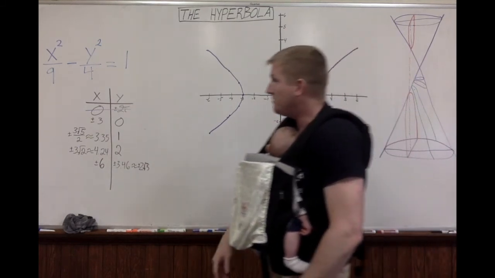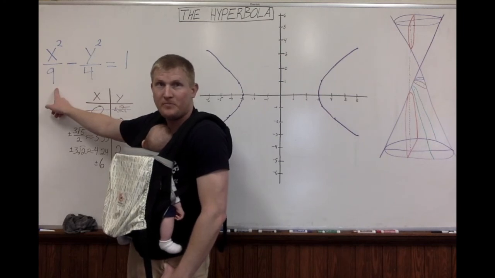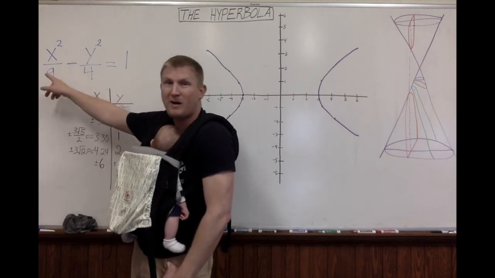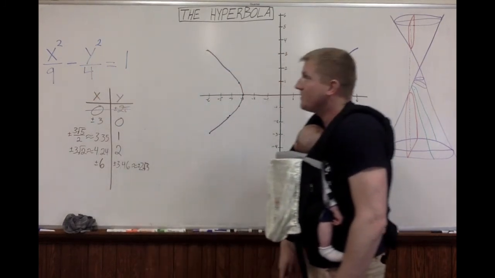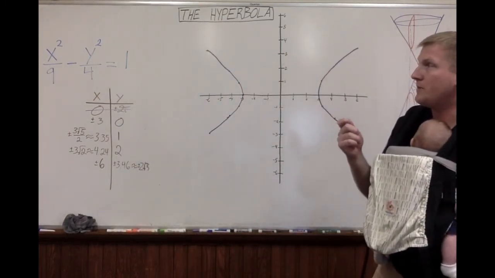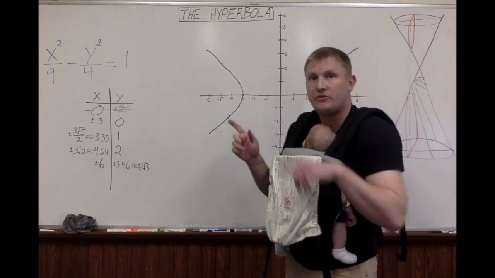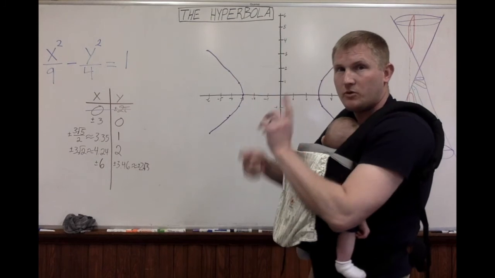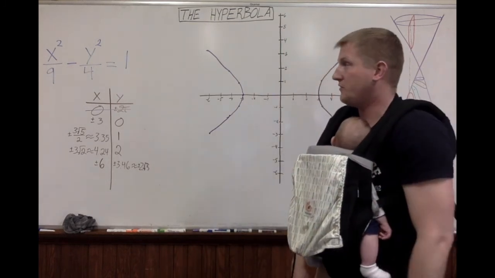And that probably is because the x term is positive, and then this one is negative. So I wonder if we were to switch those around and make it y squared over 4 minus x squared over 9, if we would get the same hyperbola but flipped, and we'll look at that later. So that's our conjecture for now.